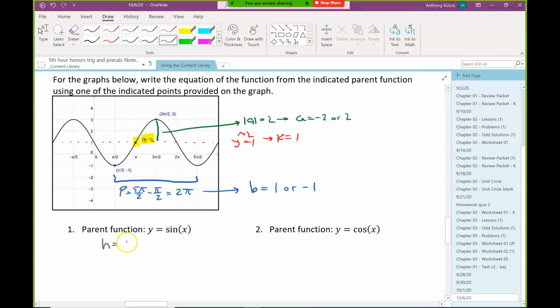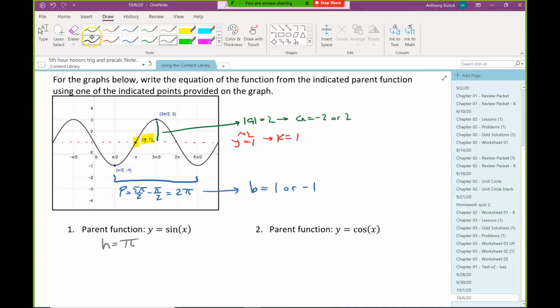So if I use that, I can say that h is just going to be pi. Again, using the same reasoning that we talked about earlier, where because the x-coordinate is 0 on the midline point, the new x-coordinate on our transformed function is just going to be pi. But I have to be careful here, because now the sign on A or B matters.